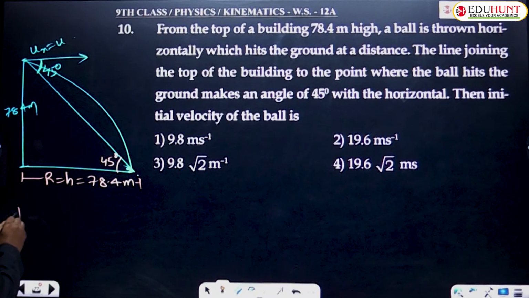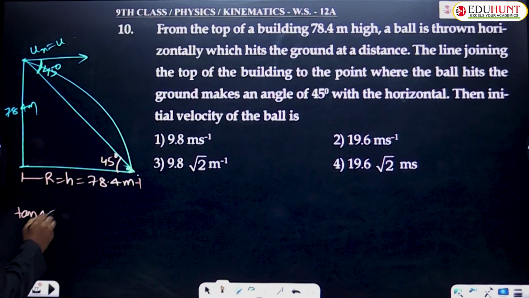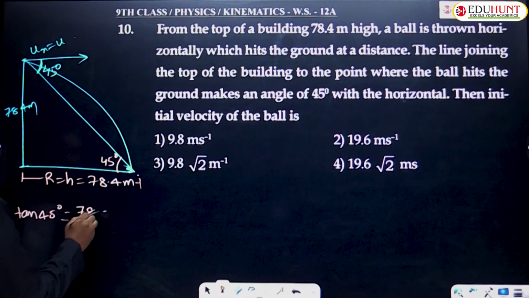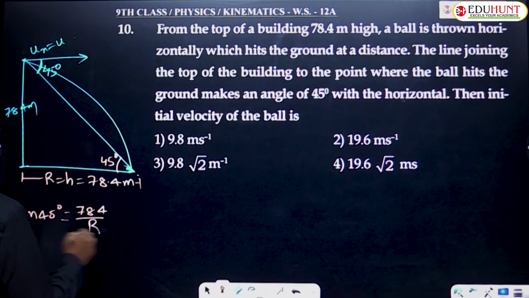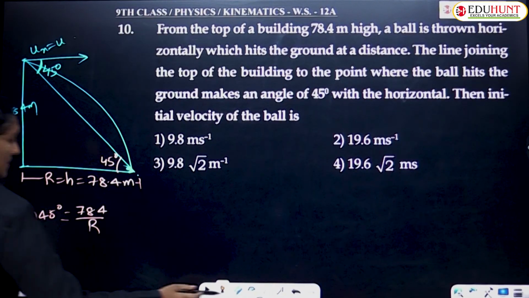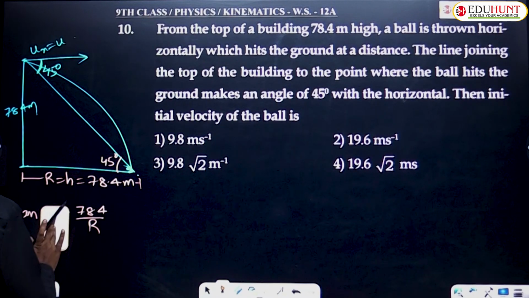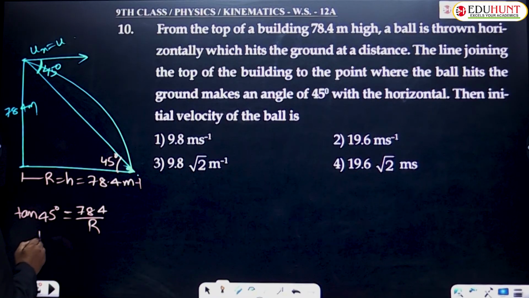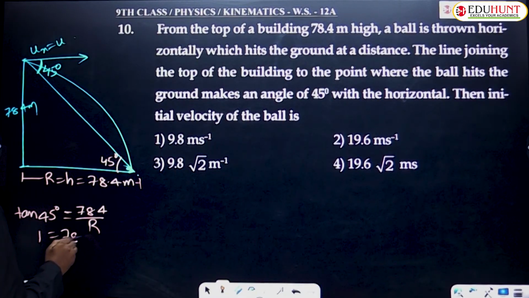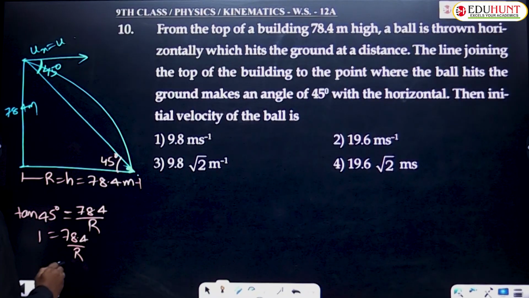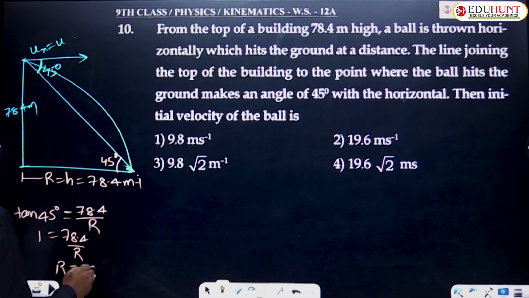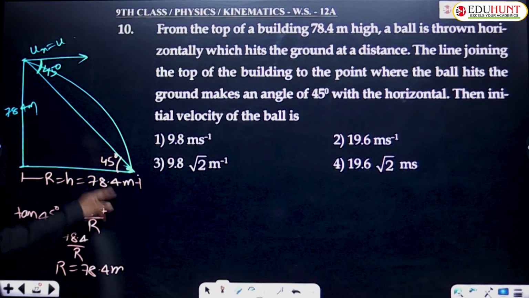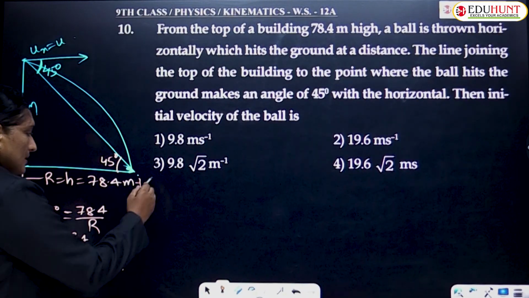If you are not sure, just calculate. We have tan 45 degrees equal to opposite by adjacent side, that is 78.4 by R. Tan 45 is nothing but 1. So 1 is equal to 78.4 by R, and R is also equal to 78.4 meters.